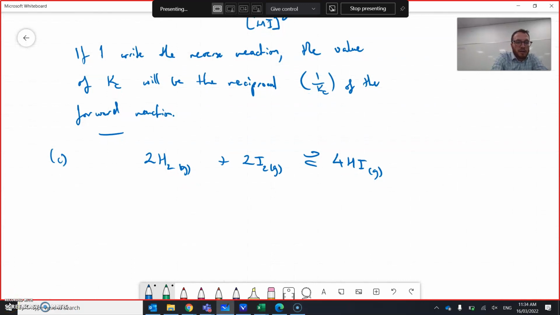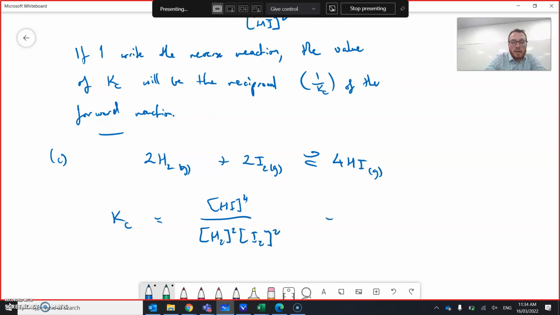If we write the equilibrium expression of this reaction, HI to the power of 4 over H2 to the power of 2, I2 to the power of 2. Now, if we know our indice laws, I could rewrite this as HI all squared on H2 times I2 all squared. Make sense?